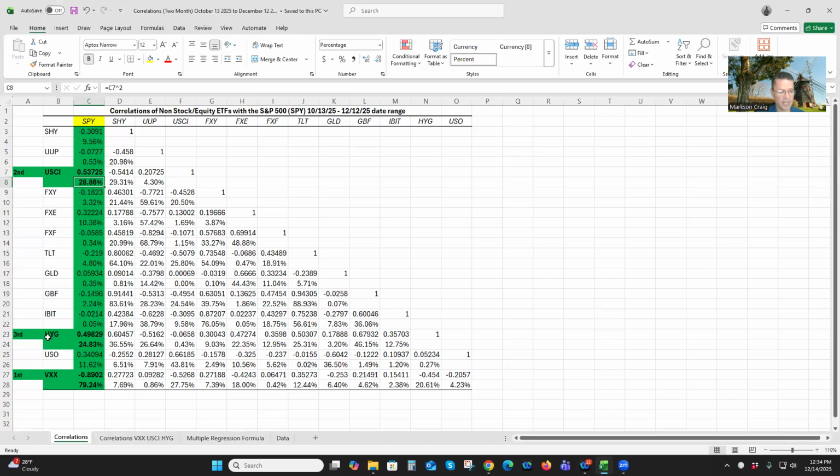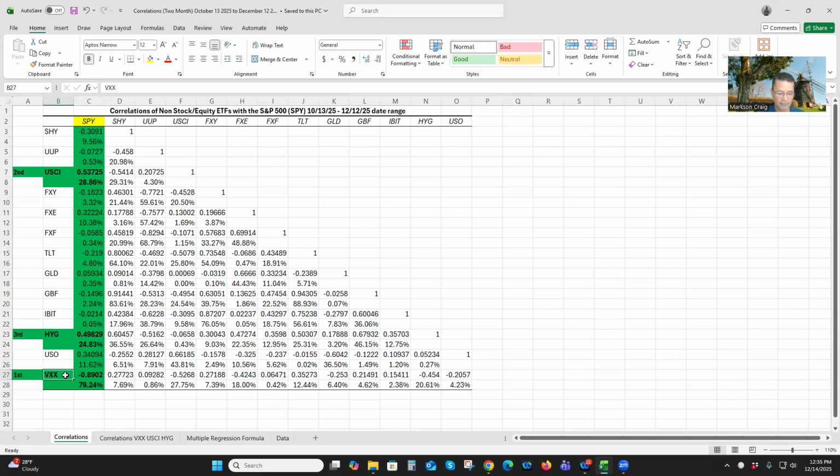Ranked at number 3 is HYG. That's a high-yield bond exchange-traded fund, and as that goes up in price, SPY goes up by 24.83%.